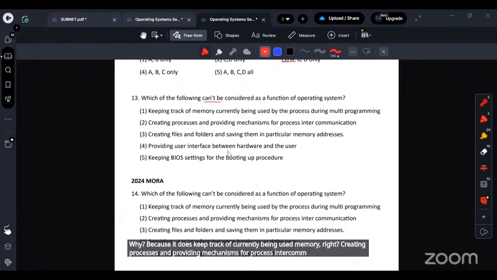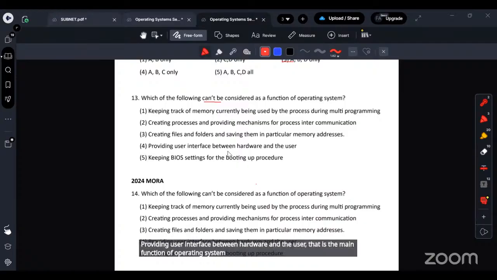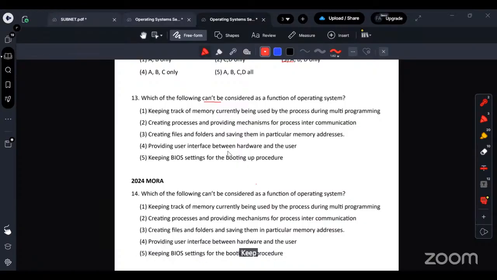Yes, it creates processes and provides that. Creating files and folders and saving them in particular memory addresses. That is also true. Providing a user interface between hardware and the user. That is the main function of operating system. Keeping BIOS settings for the booting up procedure. So this is the answer.